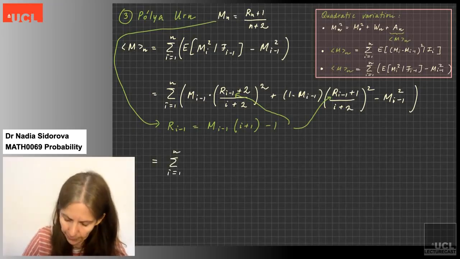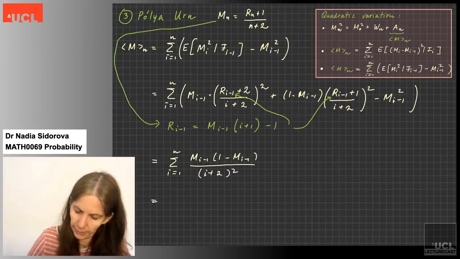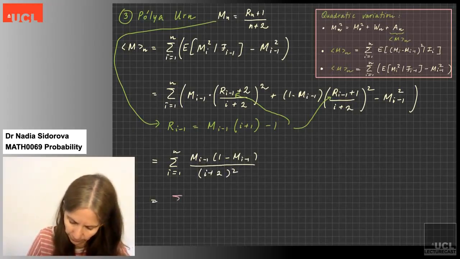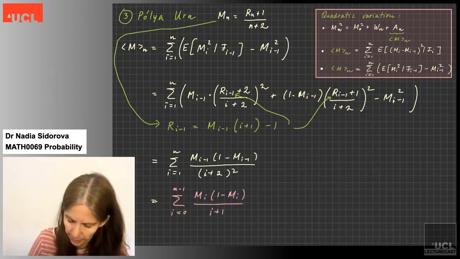It will be M_{i-1} multiplied by (1 minus M_{i-1}) divided by (i plus 2) squared, or if you like, you can write it as the sum from 0 to n minus 1, and then you can use M_i (1 minus M_i) divided by (i plus 3) squared.